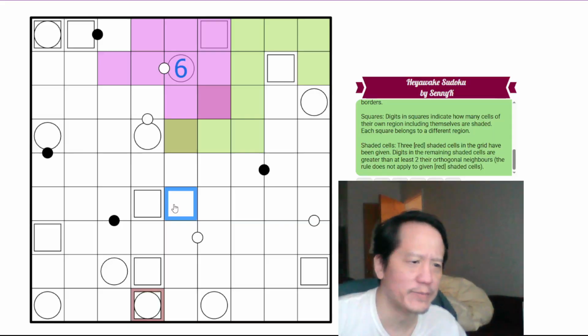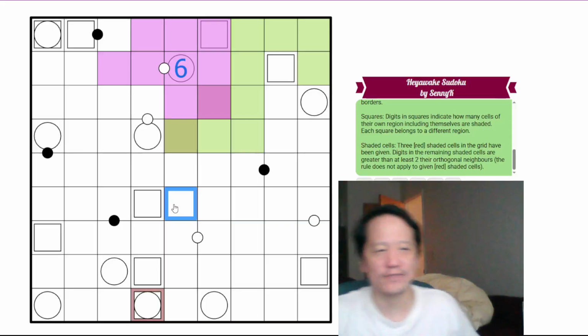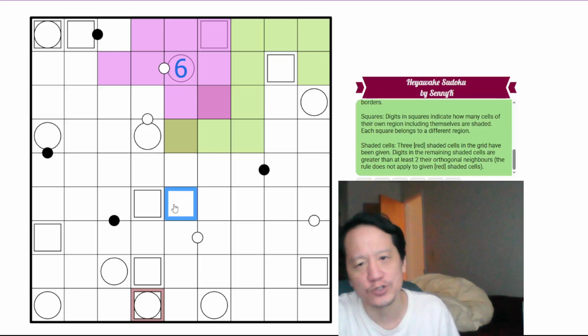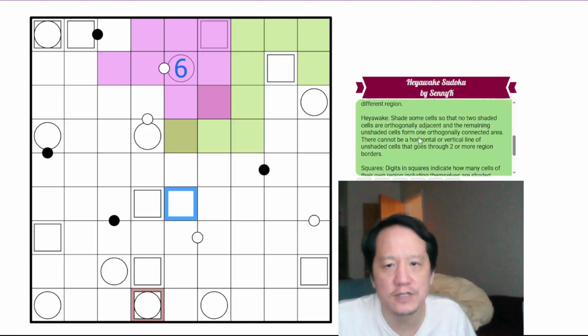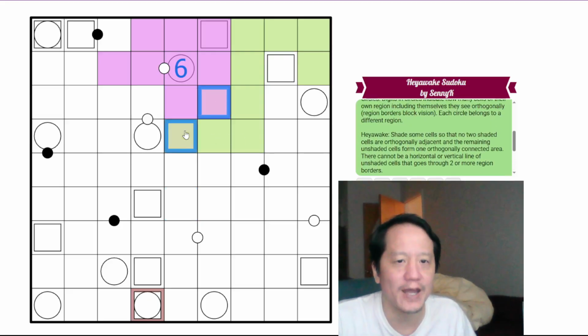This is a little problematic because I only have 9 colors, but there has to be a shading too. So for Heyawake, the shaded cells, again, cannot share an edge, essentially.